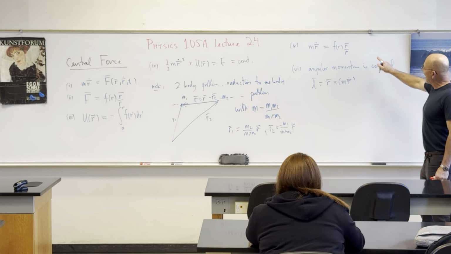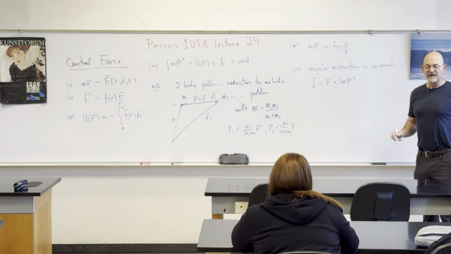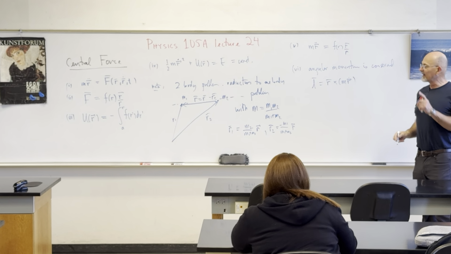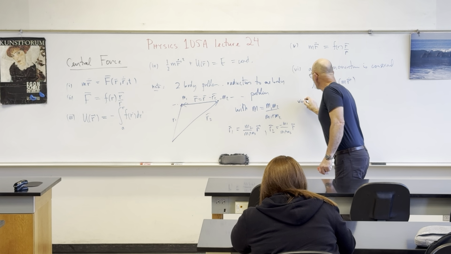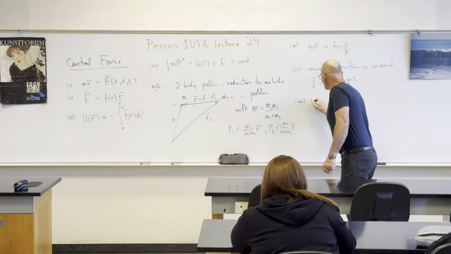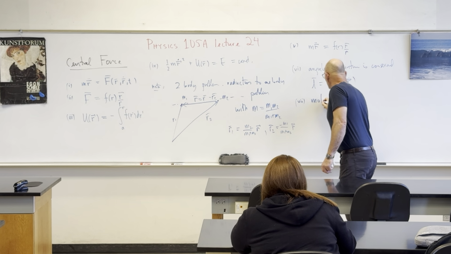And once you know that angular momentum is conserved, then you can say motion is restricted to a plane, and that motivates the use of plane polar coordinates. Right? So when you see this all at once, the whole logic really flows, right? Angular momentum is conserved, and therefore motion is restricted to a plane, and therefore we use plane polar coordinates, and we have to learn something about those.